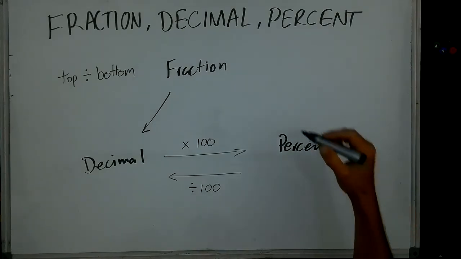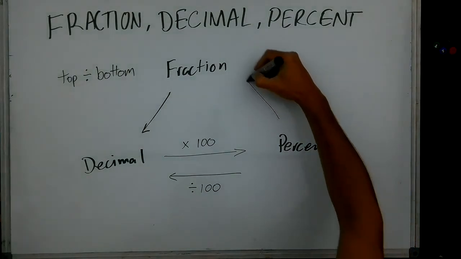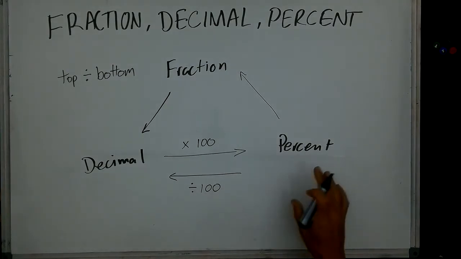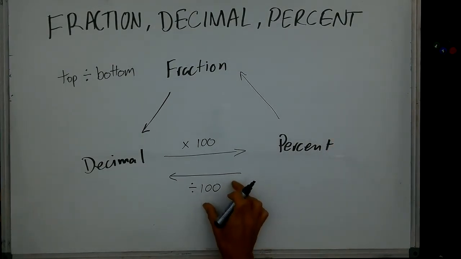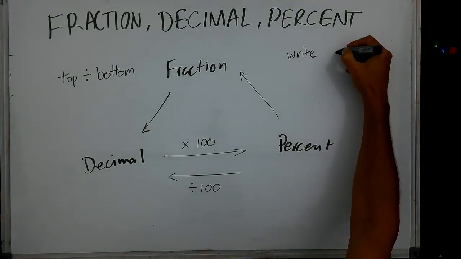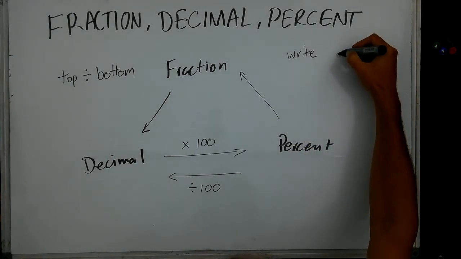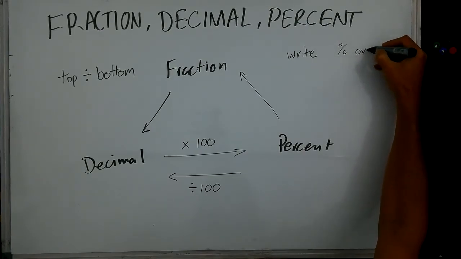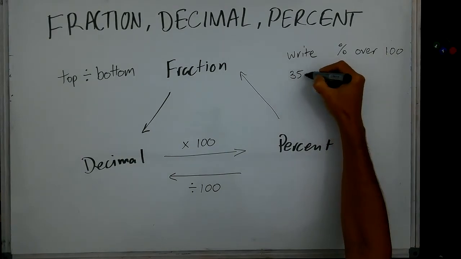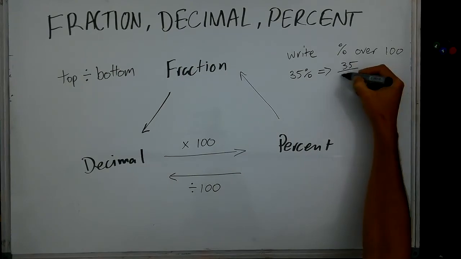To go from a percent to a fraction, this way, I suppose it's a bit of a, because percents are essentially hundredths, we write the percent over 100, so 35% would become 35 hundredths.